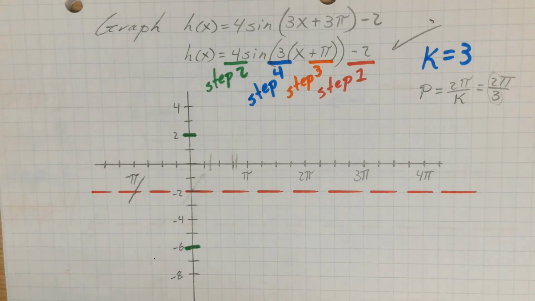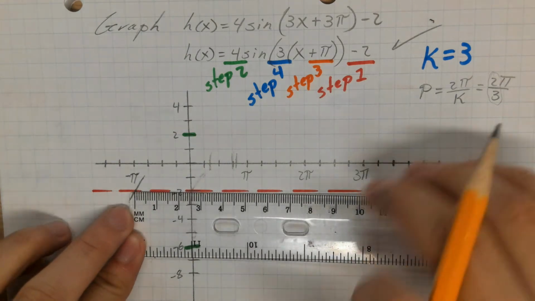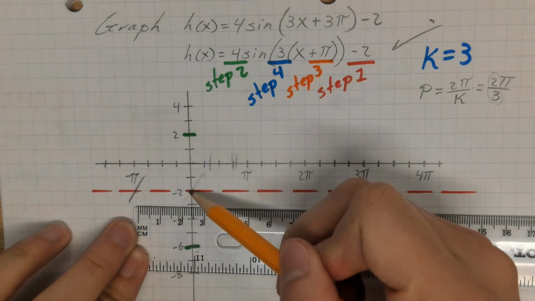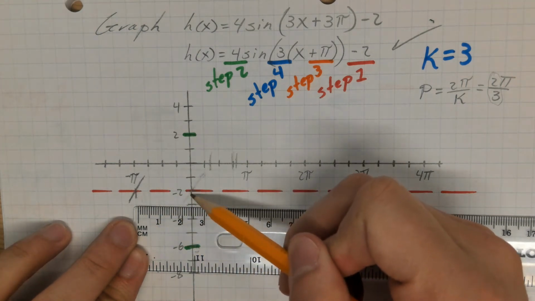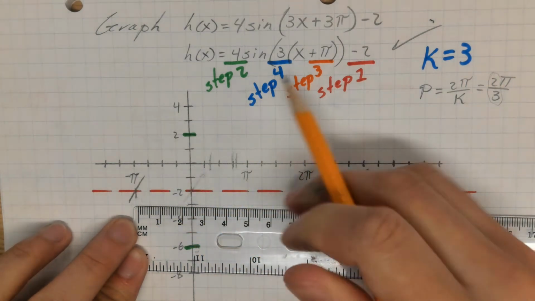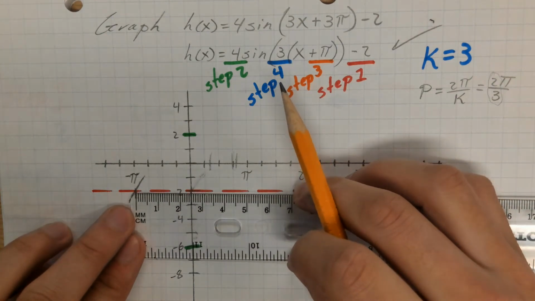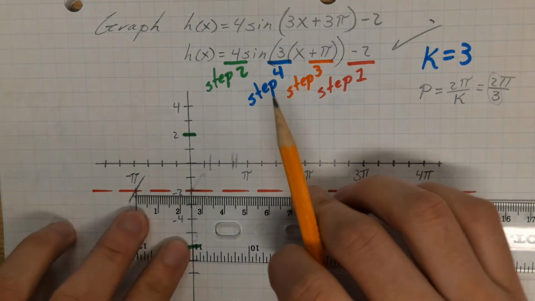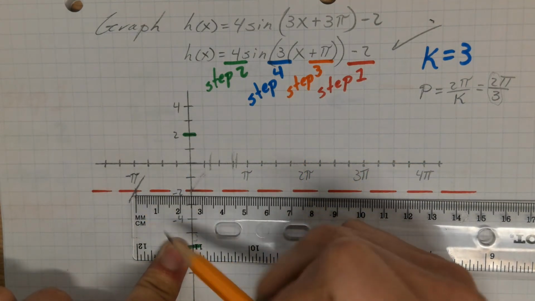So that means, what I want to do is, this piece right here, from pi to 0, it's a whole pi. So I want to divide this portion, which is a whole pi, into 3 pieces. I can actually use my ruler. You can see it's from 0 to pi.